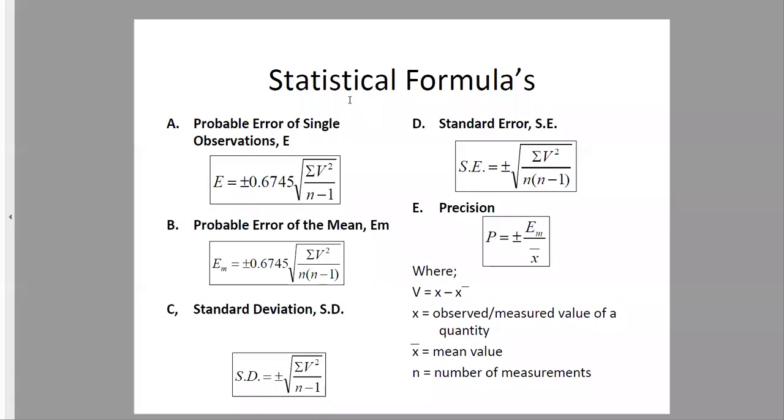So these are the equations that we'll be using in finding the probable error. This is the probable error for a single observation, that is 0.6745 multiplied by the square root of summation v square divided by n minus 1, where v is the difference between the observed value and the mean value of any observation, and n is the number of measurements.